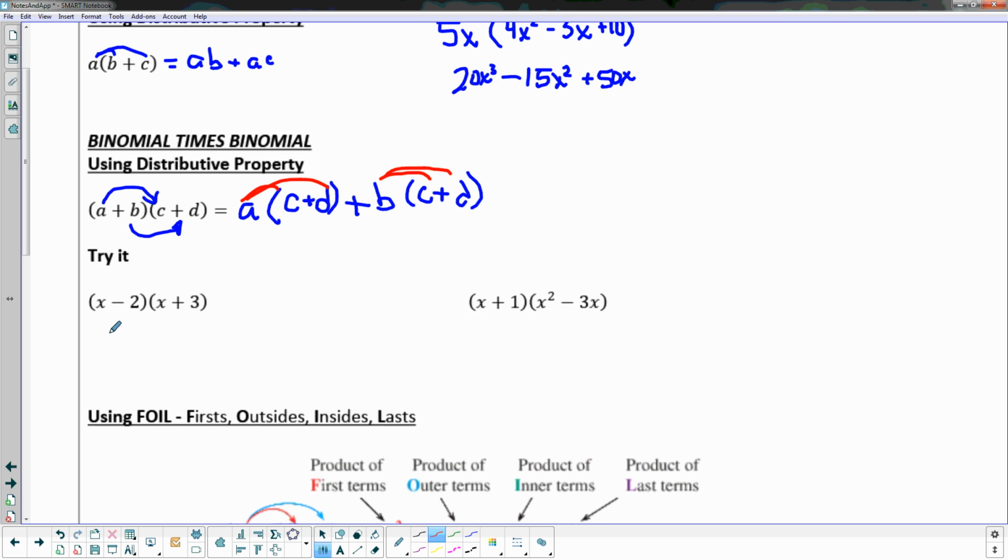So for the first one, I have x minus 2 times x plus 3. I'm going to take the x and multiply it by the second set of parentheses. So x times x plus 3. And then I'm going to take this negative 2 and multiply it by the x plus 3.